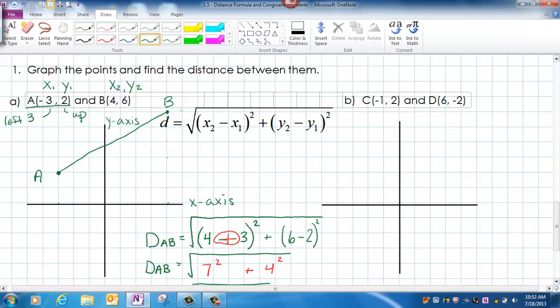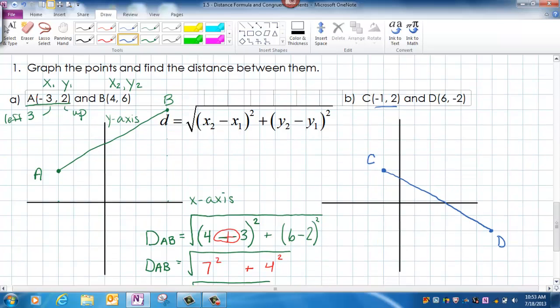So now what we're going to do is the exact same thing over here for part B. We're going to find the distance from point C to point D. First, we're going to plot point C, which is -1, 2, which means we're going to go left 1 and up 2, and that's going to be point C. And then to find point D, we're going to count 6 to the right and then down 2 and label that point D, and then connect them as best you can straight, and that would be our segment CD.